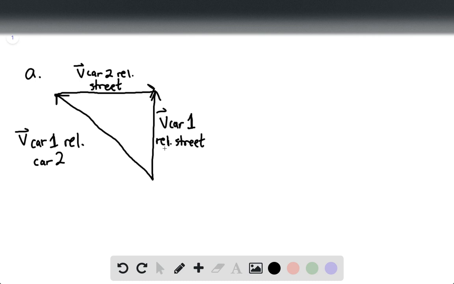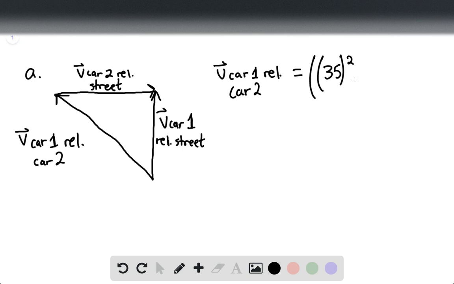So we can say that the velocity of car 1 relative to car 2 is going to be equal to 35 squared, which would be car 1, plus negative 55 squared.